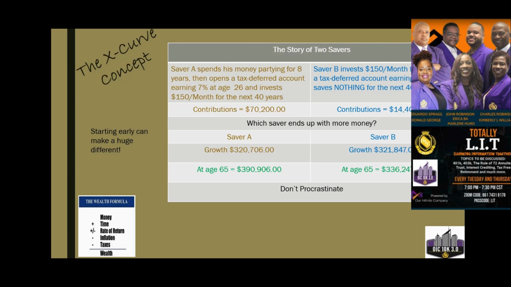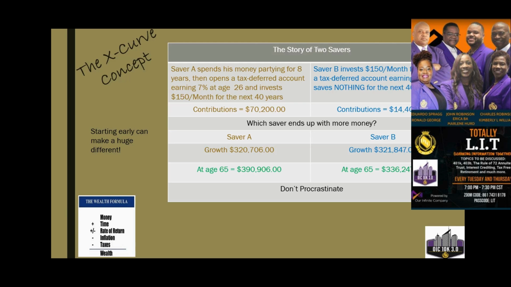And then after the 8 years, he decides that he's not going to put anything else in this account. He stopped saving for the next 40 years. And his total contributions was $14,400. Huge difference from Saver A, right?